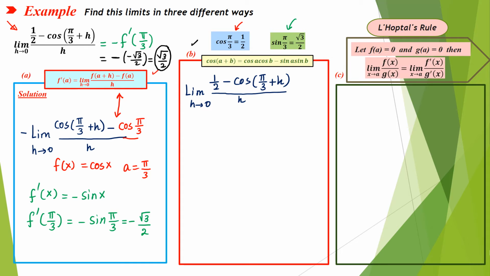And as you know, cosine A plus B equals cosine A cosine B minus sine A sine B, so A equals pi over 3 and B equals h. So the limit is the limit of 1 over 2 minus cosine pi over 3 cosine h minus sine pi over 3 sine h, divided by h when h goes to 0.